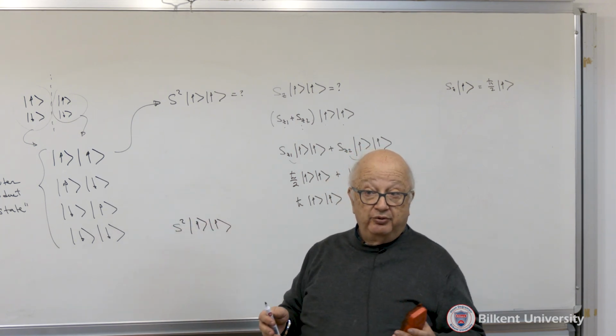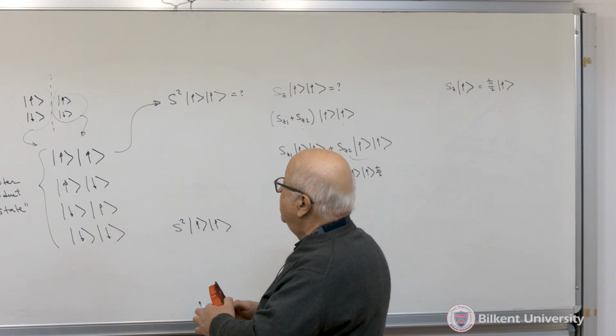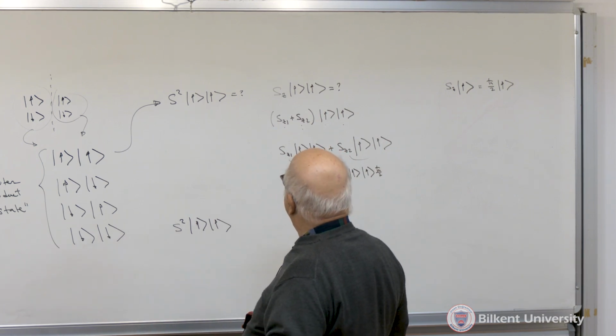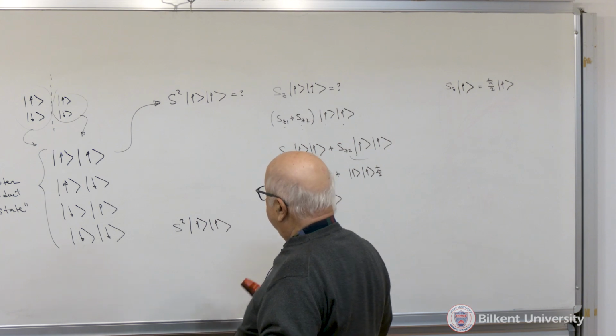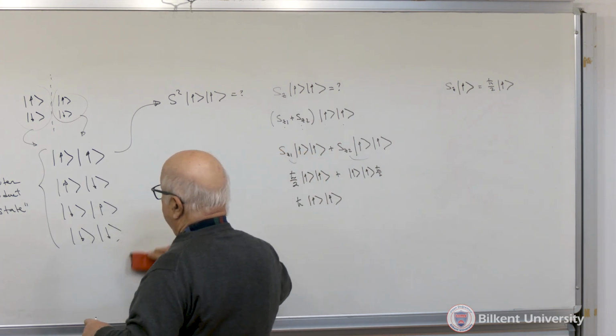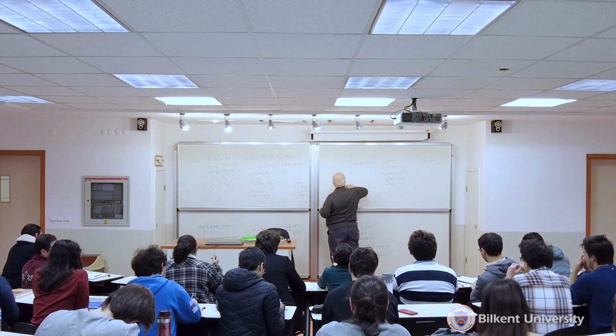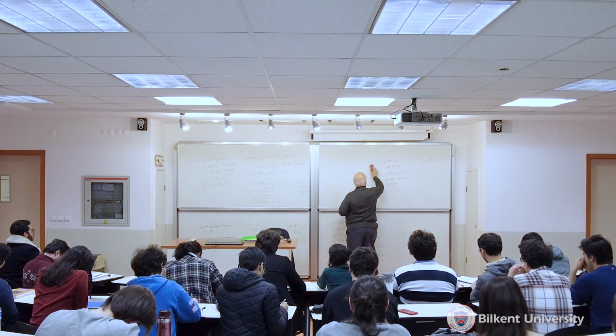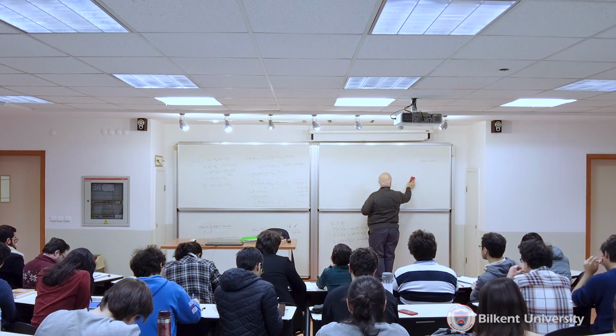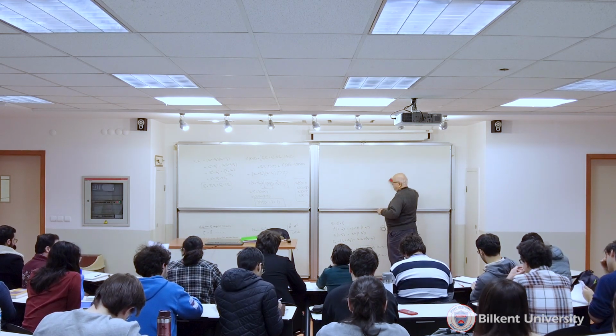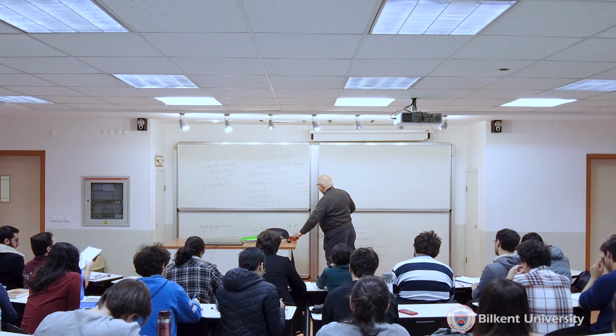So we are constructing these outer product states for the total angular momentum state. So what we are finding is the relation between them. All right, so here we go.